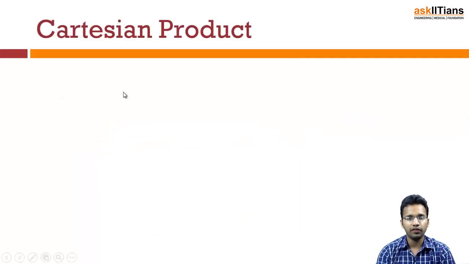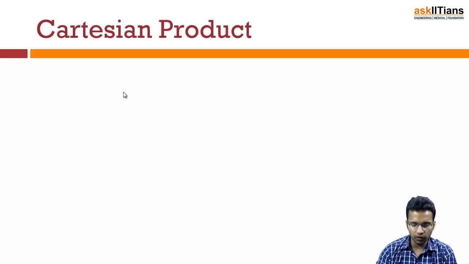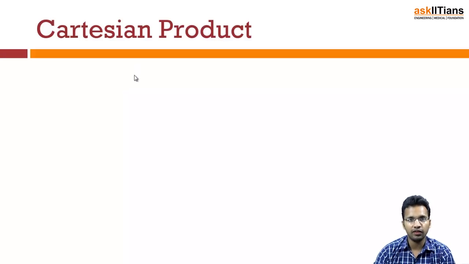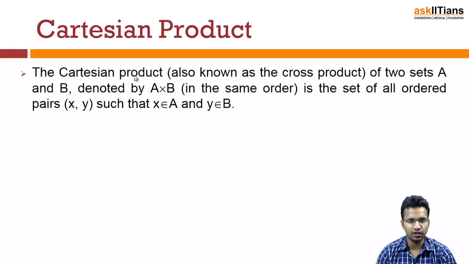So first, we have done difference of sets, addition of sets, union and all. One more operation which I did not touch, because it will be applied here, is how to multiply two sets. The multiplication of two sets is known as Cartesian product. Let us look at what the Cartesian product is.